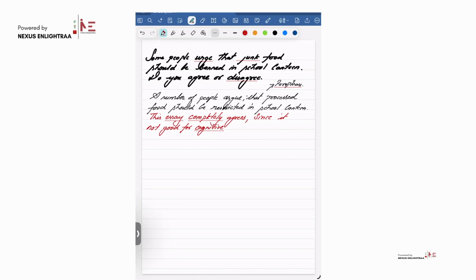Because when you say avoiding, you are taking a negative statement, and it is very difficult to justify a negative statement. Okay, keep it simple. Not good for cognitive growth in children, right? And what was the next?